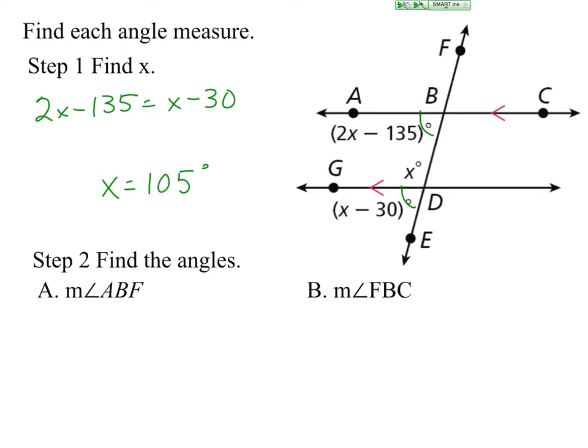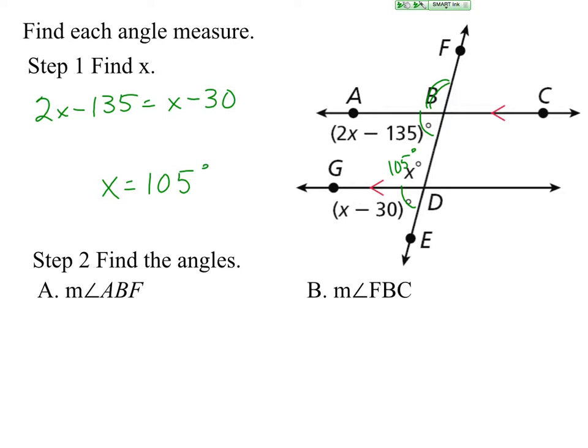Okay, any questions getting there? I'm not seeing any head shakes. Okay, so now find the angles. ABF, what is this angle out here? X was 105, so I think maybe I'll fill in. This is 105.